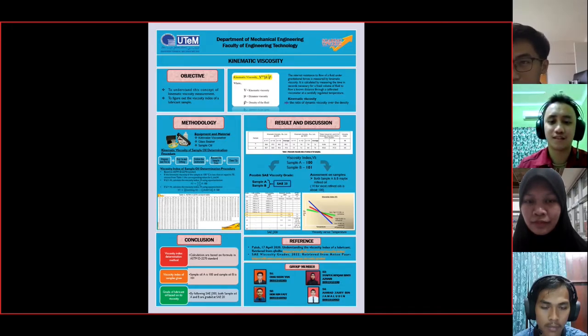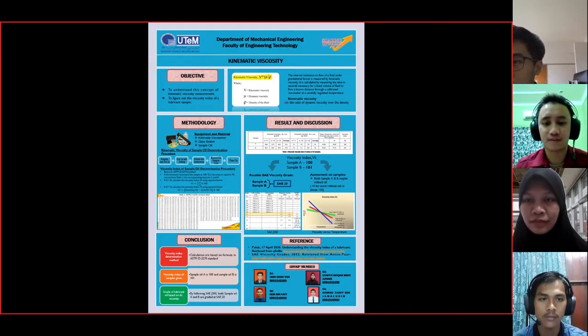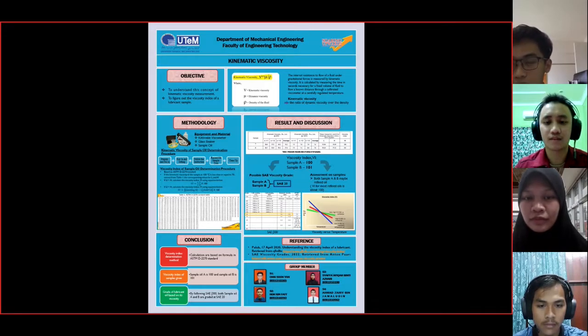For these readings, we obtained them from the viscometer and repeated three times to get three readings, then obtained the average kinematic viscosity for both sample A and B. After that, we use the kinematic viscosity at 100 degrees Celsius for both samples to find the values of L and H, which are the kinematic viscosity at 40 degrees Celsius for the oil of viscosity index 0 and 100.